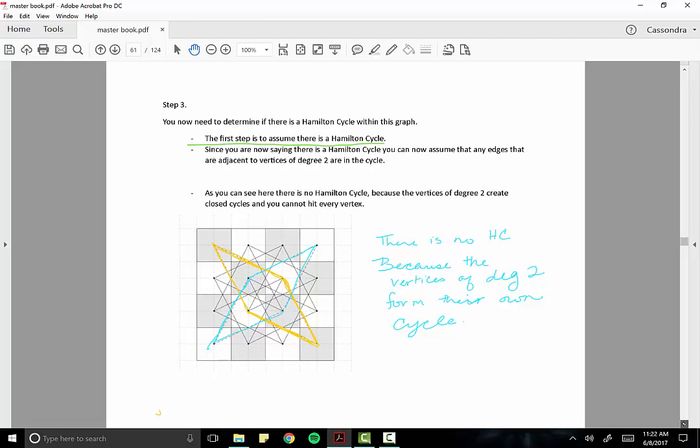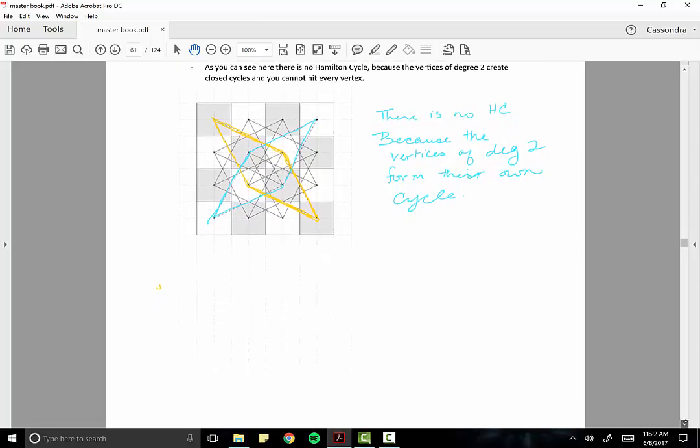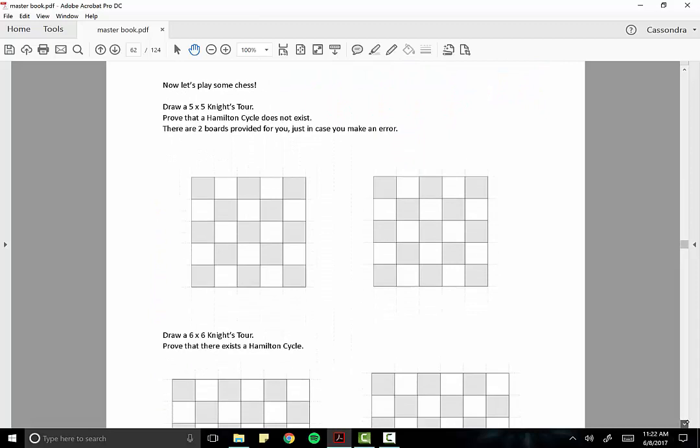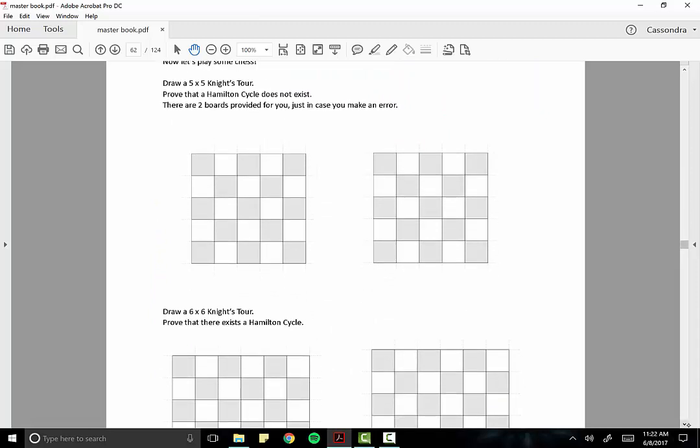Now, for the rest of this activity, you're going to draw out a 5x5 Knight's tour and a 6x6 Knight's tour, and you're going to find the Hamilton cycles. This one has Hamilton cycles.